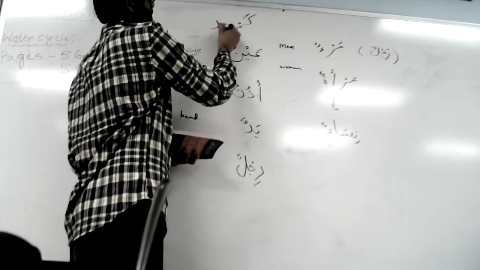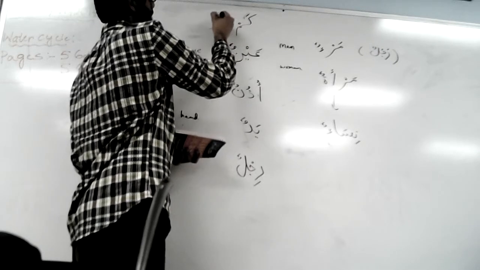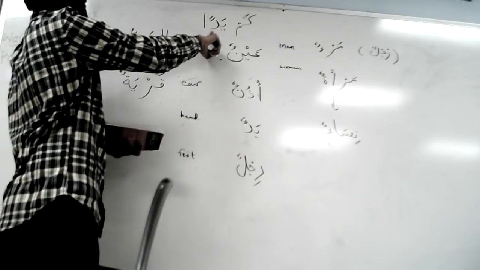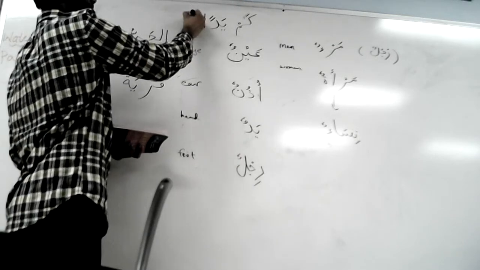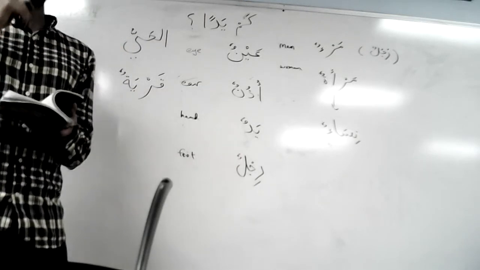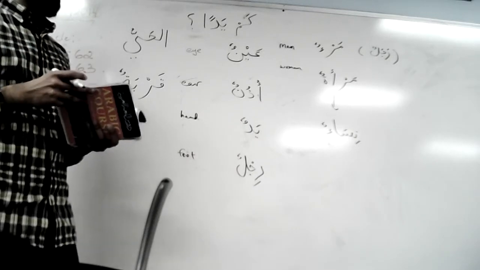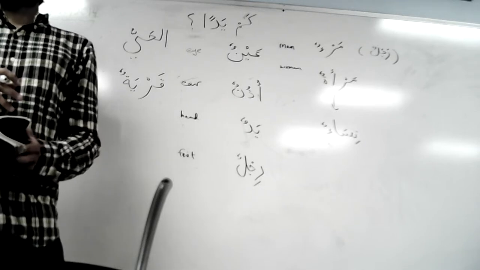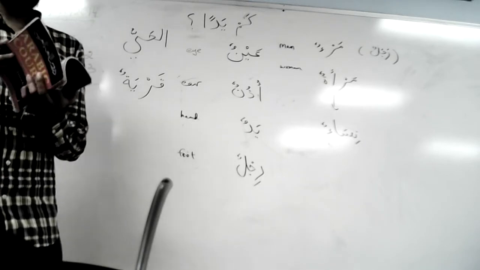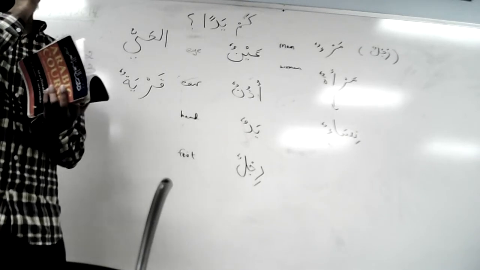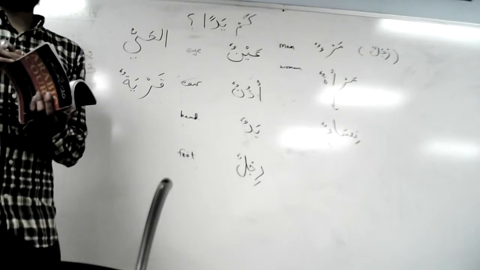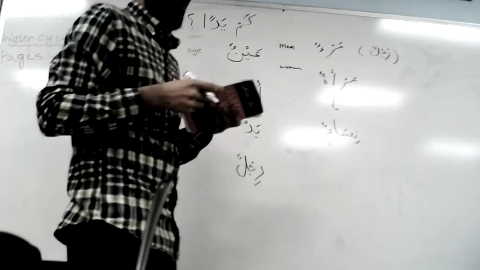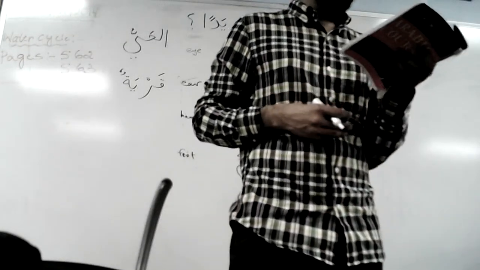So whatever comes after kam, it has to have two fathas. And if it has two fathas and it's not a ta marbuta, then it has an alif. Okay. How many hands? Kam yadan. How many feet? Kam rijlan. Kam rijlan. So when you use kam, then the noun should be singular, and it's mansoob. It has two fathas or one fatha.